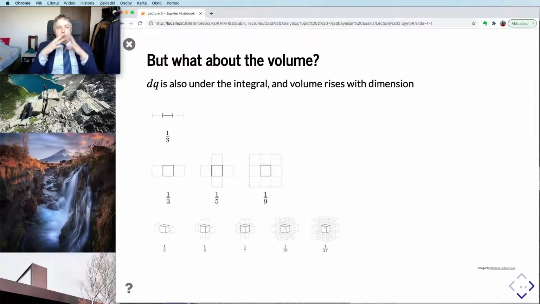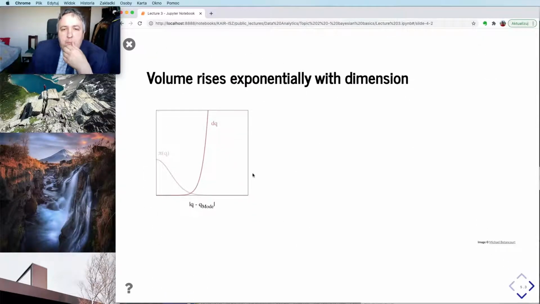So increasing the dimensions reduces the contribution of the entire area around the maximum to the volume of the parameter space. So increasing dimensions causes the distribution to behave not only near the maximum but also everywhere else. So we have a problem: volume rises exponentially with dimension.